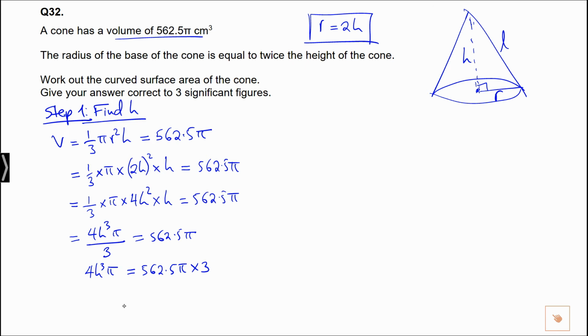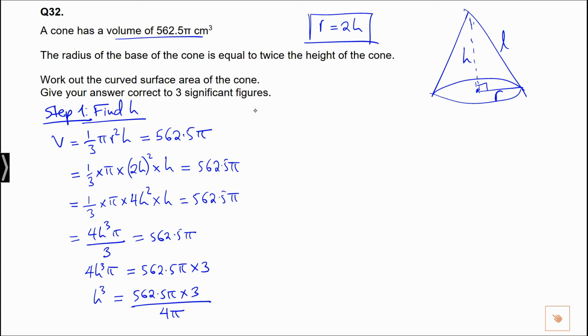Which means h cubed will be equal to, dividing both sides by 4 pi, 562.5 pi multiplied by 3 over 4 pi.